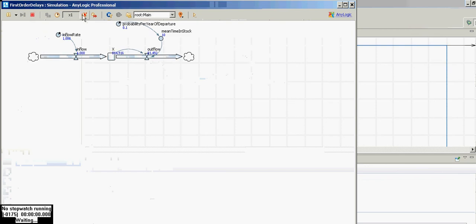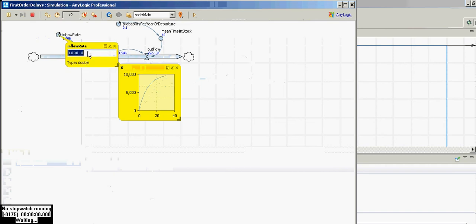I'd like to think this through, ladies and gentlemen. Here's the value of the stock. It's rising rapidly and then going more slowly as more and more people start leaving. Suppose I change this value from 1,000 to 500. What will happen?